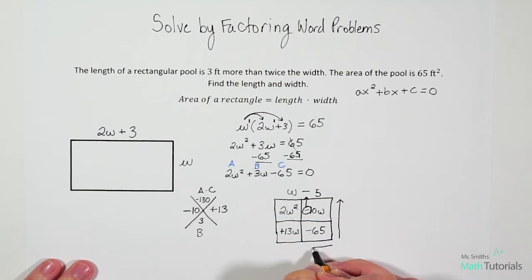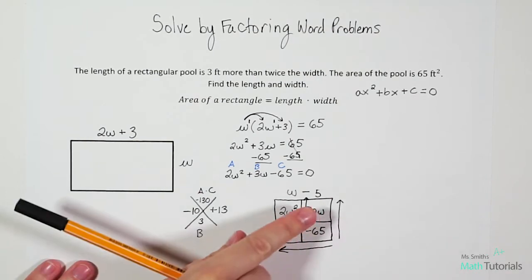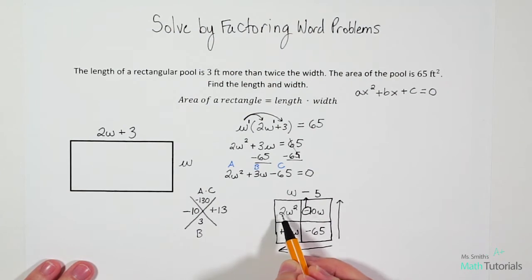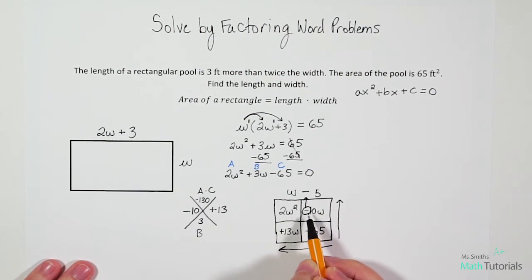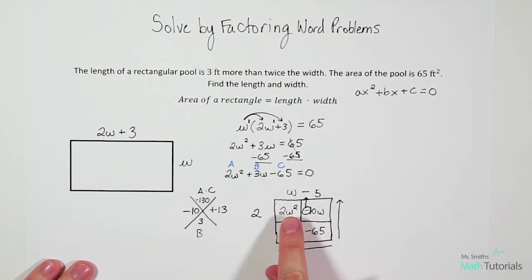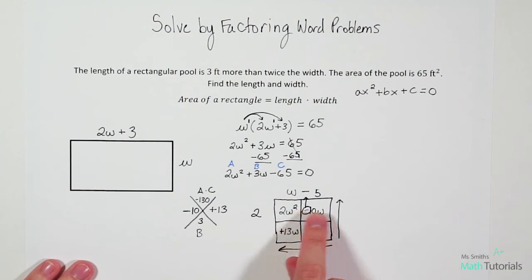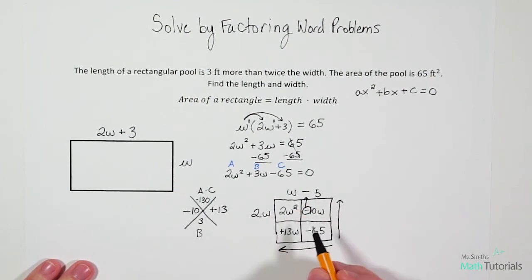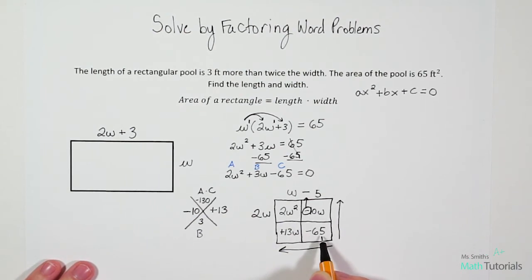Okay, now we need to do the same thing, but we're going to factor GCF out this way. So between 2W squared and -10W, our GCF is going to be a +2. And can I pull a W out? W squared, 1W, so I can pull 1 out. Next, we've got a +13W and a -65.